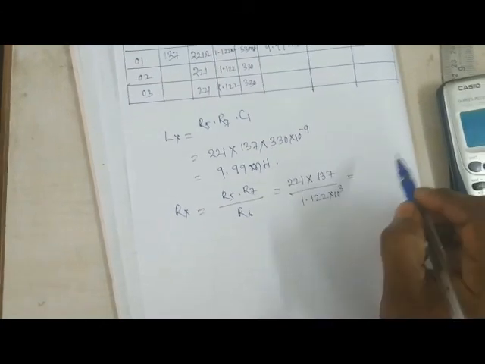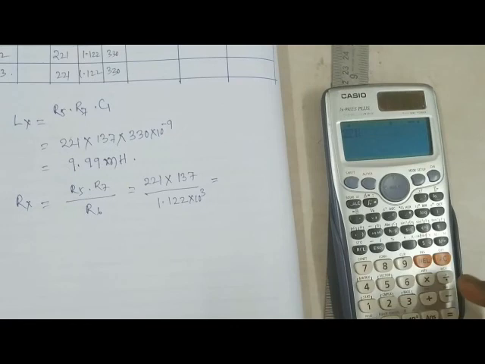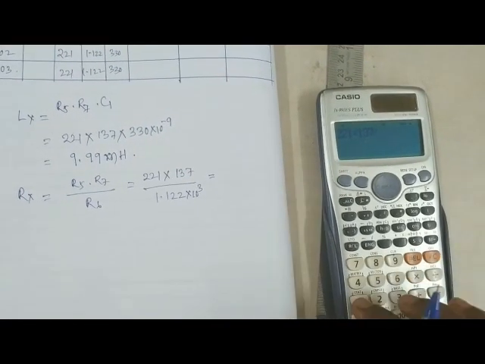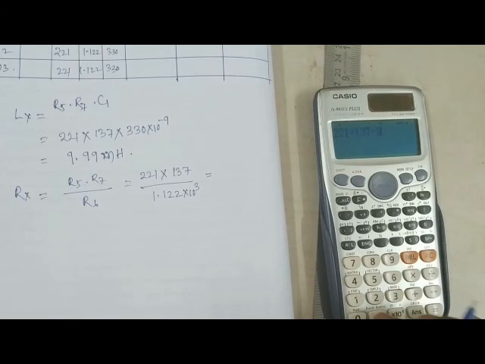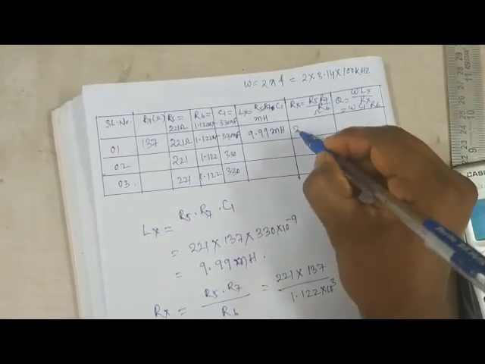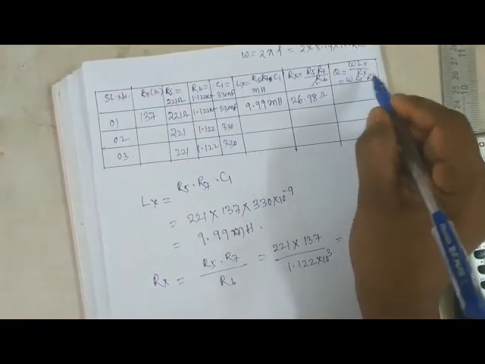So we have to calculate 221 into 137 divided 1.122 divided 1000 equals to 26.98 ohm. So here 26.98 ohm. So find out Q.